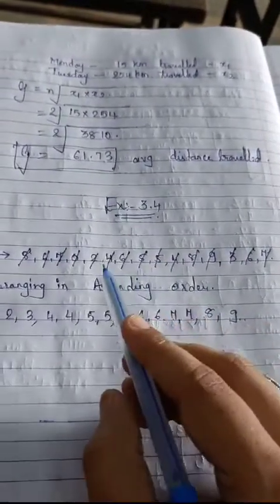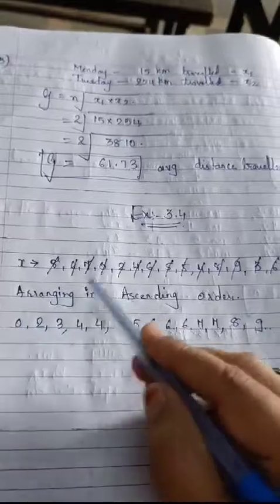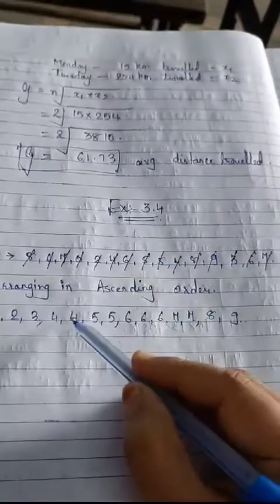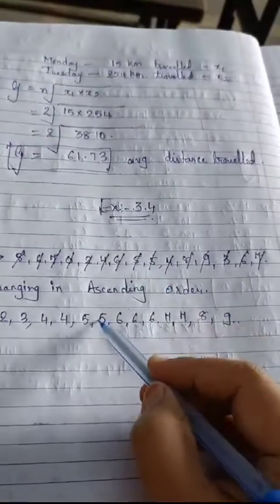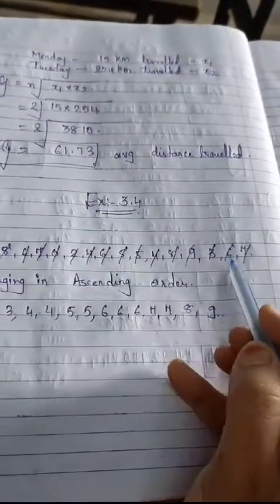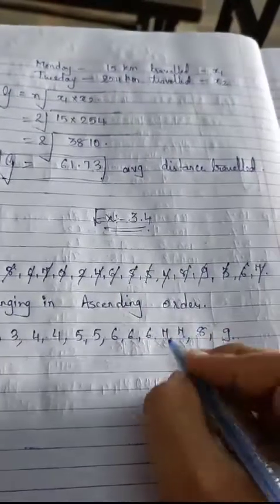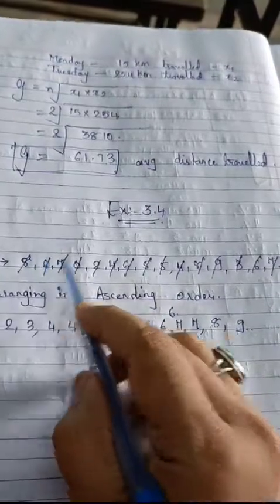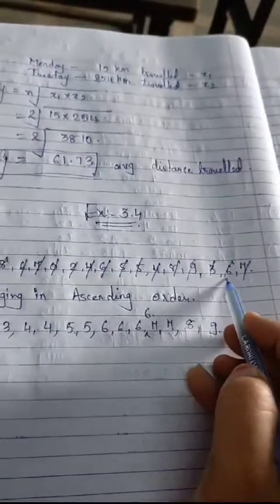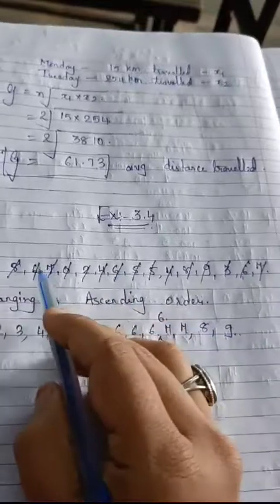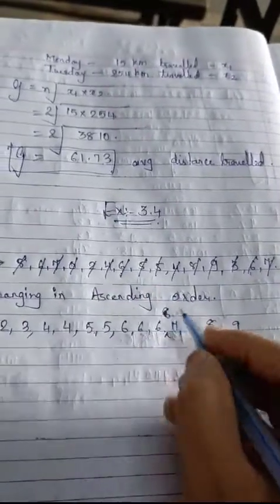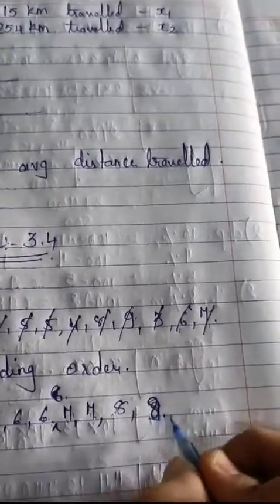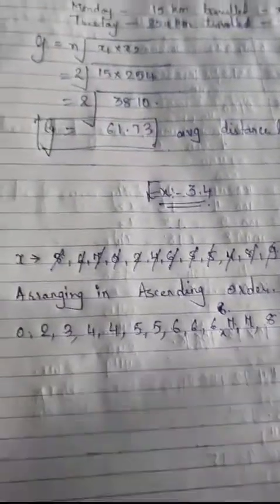Let me recheck: 0, 2, 3 we have done, 4 2 times, 5 2 times, 6 was 4 times. Sorry, 6 is only 3 times. 8 was 2 times and we have written only 1 time. Okay, so here 15 numbers are done.